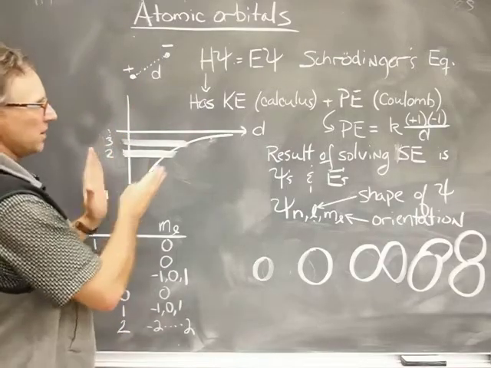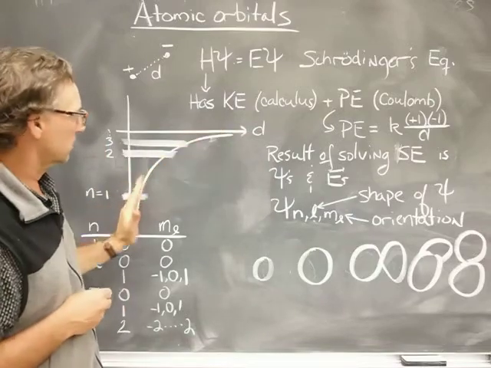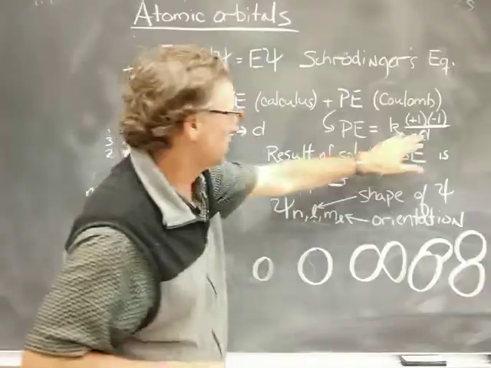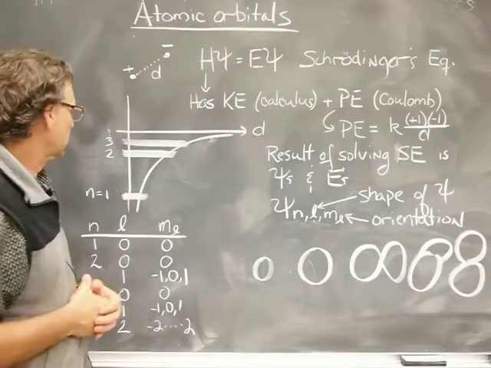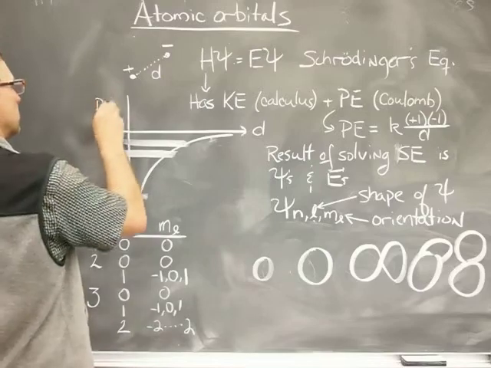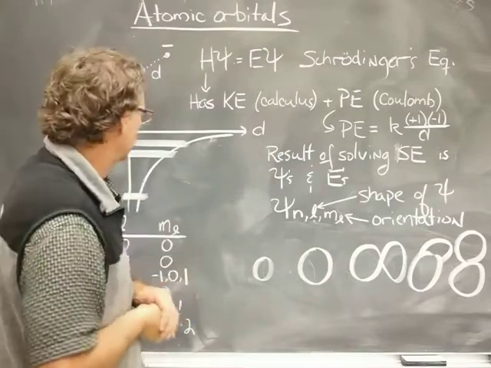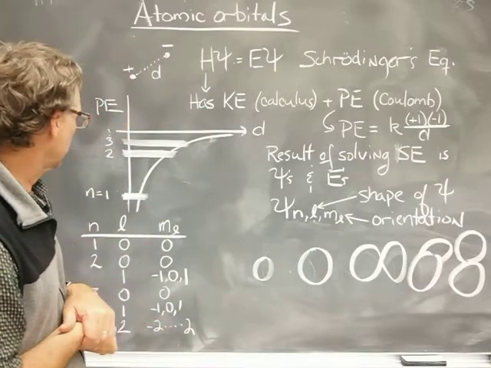What I've drawn here is superimposed: I have Coulomb's law here, that's just this equation, with D on the horizontal axis and potential energy on this axis. That's to orient you to the sort of forces that are going on.